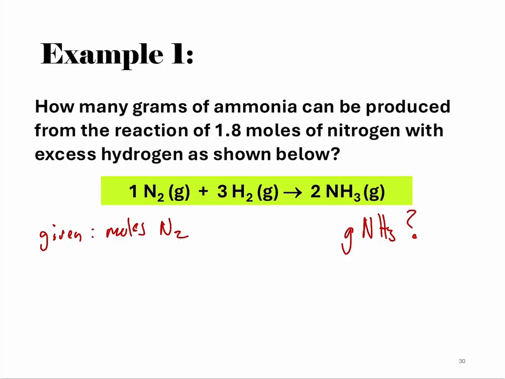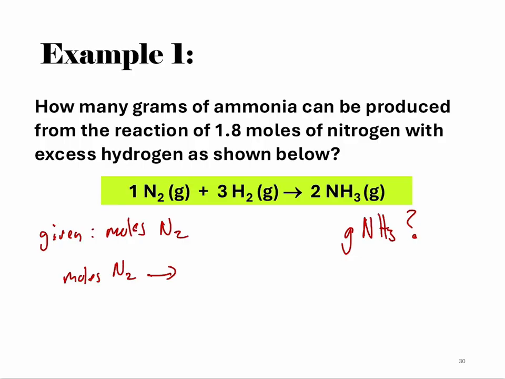So what's our flow chart going to be? We're starting from moles of N2. What do we convert that to? So here, a couple different answers, right? I hear some people saying grams. Why can't we go to grams right away? Because we can only go from moles to grams of this compound, right?